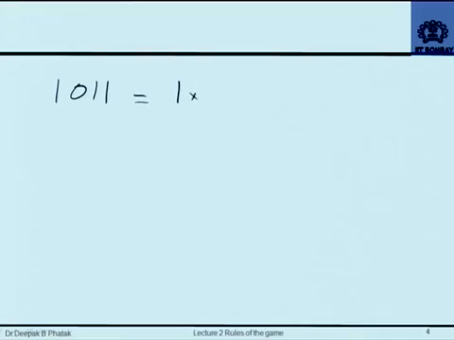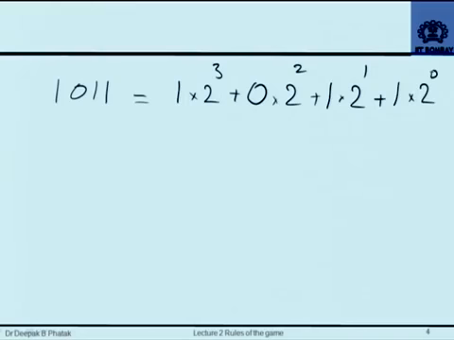It will be 1 into 2 to the power 3 plus 0 into 2 to the power 2 plus 1 into 2 to the power 1 plus 1 into 2 to the power 0. So this is just this value.